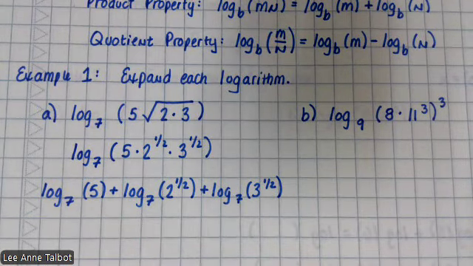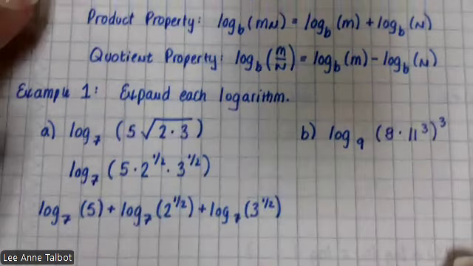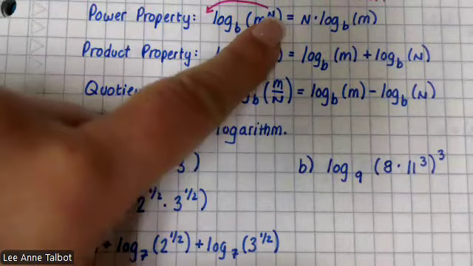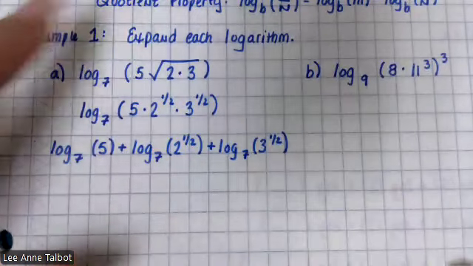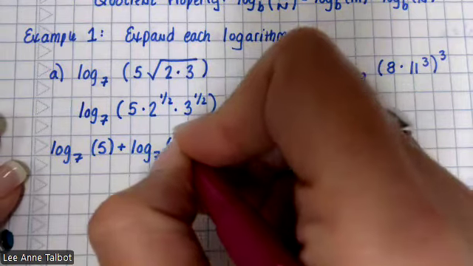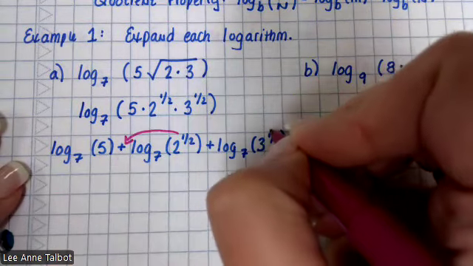Okay. Now I'm going to draw your eye here. When there's exponents, they need to go in front. These two have exponents. I'm going to put my pink arrows in.